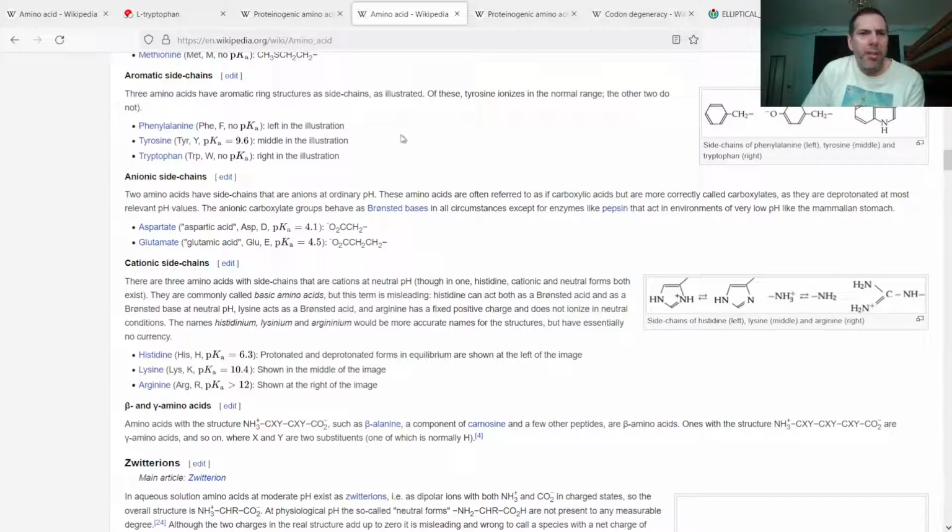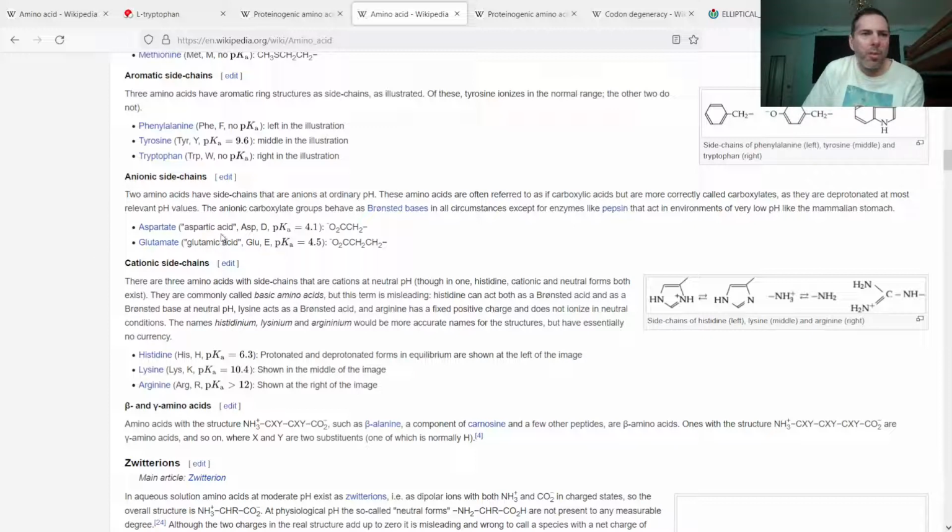Aromatic side chains have some kind of benzene ring somewhere on the side chain. Anion side chains are going to have negative charge, and the prefix meaning up, so it's up an electron.